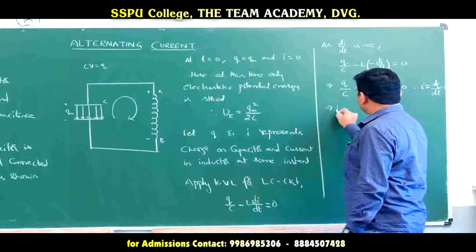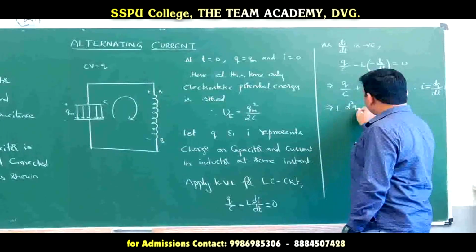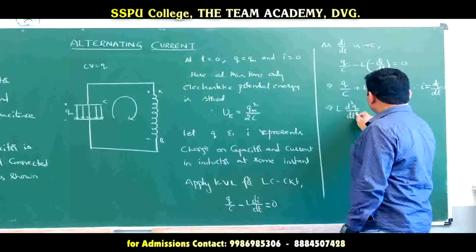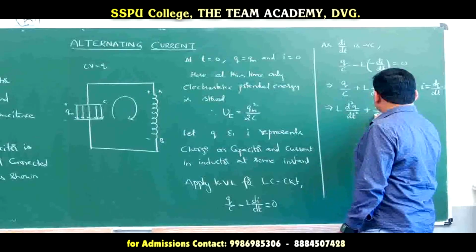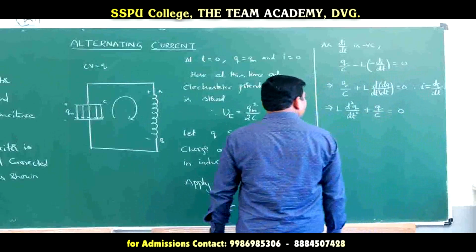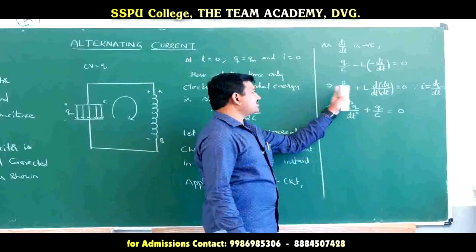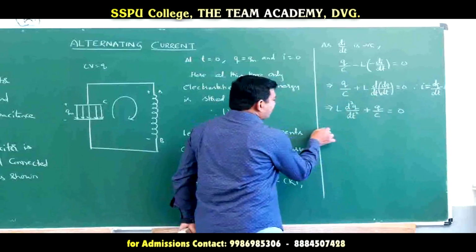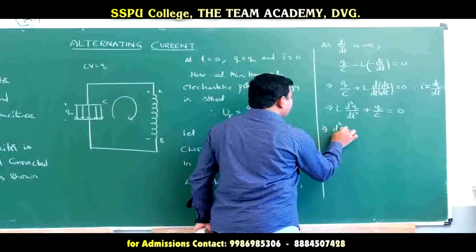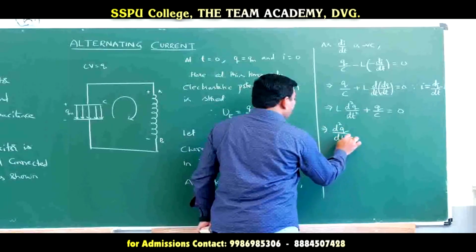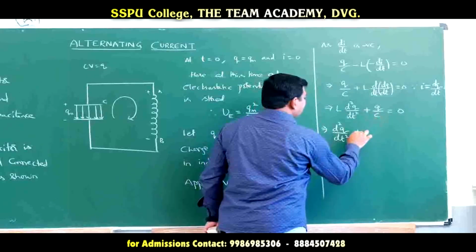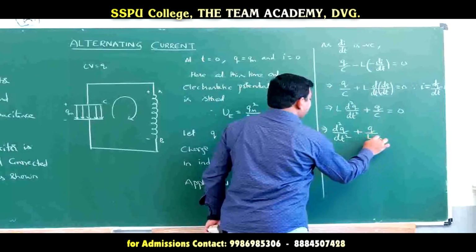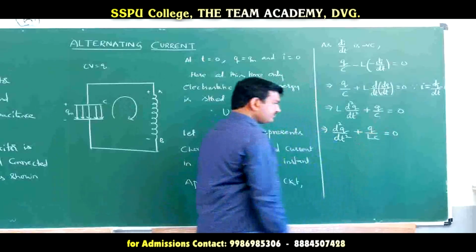First, I will write this term L d square q by dt square plus q by c is equal to 0. So, I am writing this term first and this term later. Now, from this, what can I say? d square q by dt square, bring this to this side, then Q divided by LC is equal to 0.